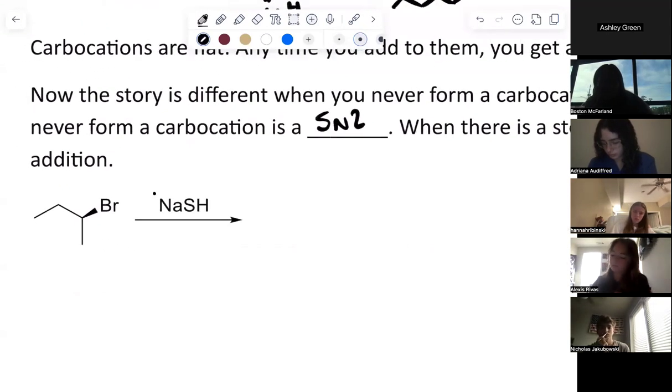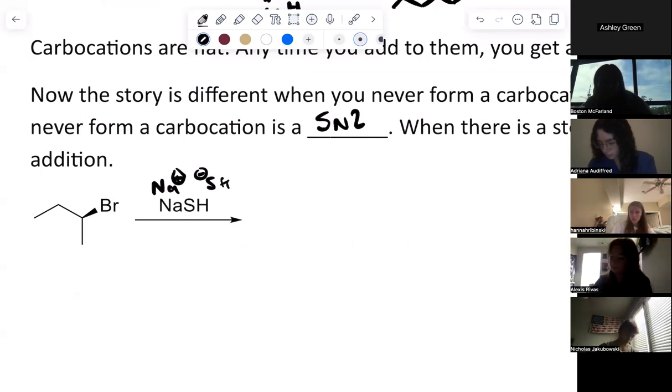I see a metal, I see sodium. I'm going to immediately draw this out. And look at there, I've got a charged nucleophile. That means that my electrophile doesn't need to be charged to be attacked.